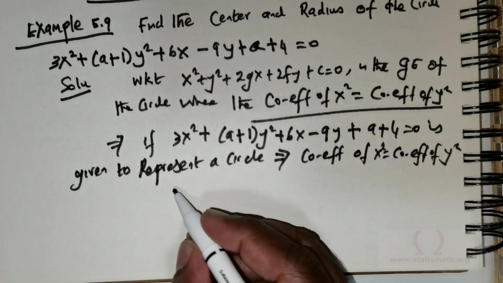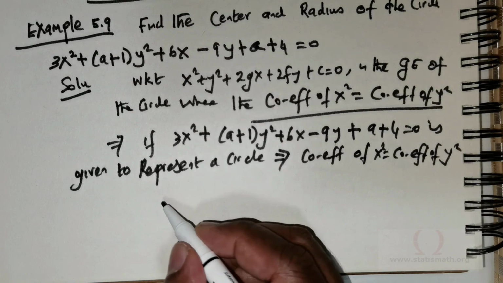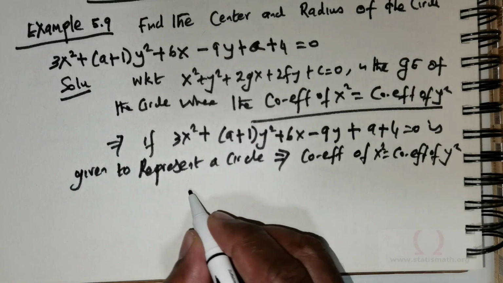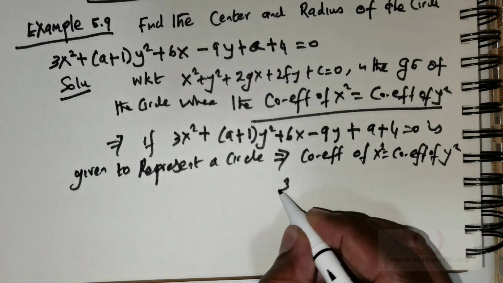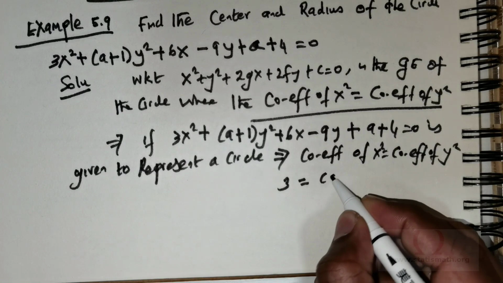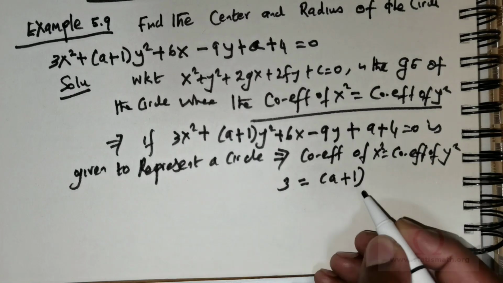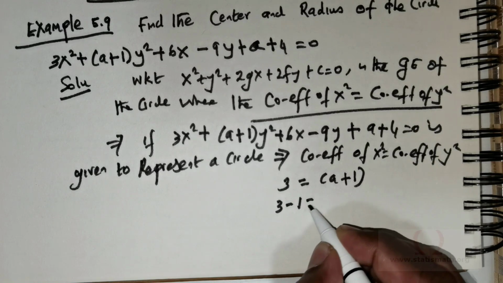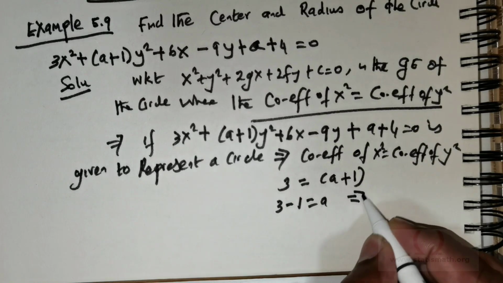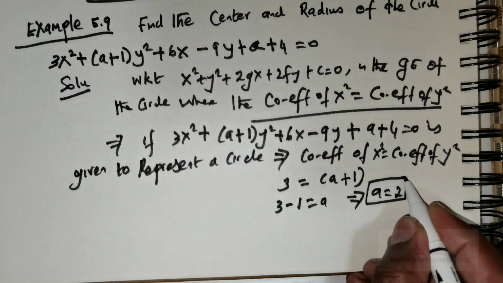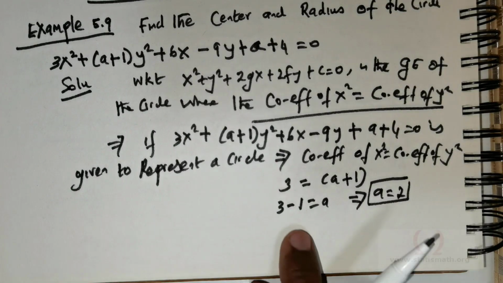Because from the basic fact of an equation to represent the circle, this is the necessary condition. So this would mean that 3, which is the coefficient of x², should be equal to a + 1, which is the coefficient of y². So from here I can rewrite this as 3 − 1 = a, which means the value of a is equal to 2. So I obtained the value of a.